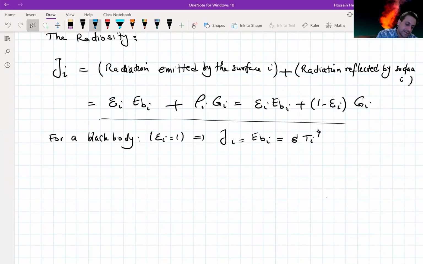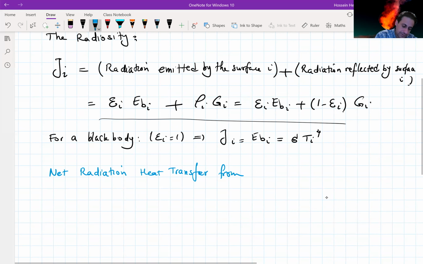Now let's look at the net radiation heat transfer from a surface or to a surface. Let's call it surface I again.